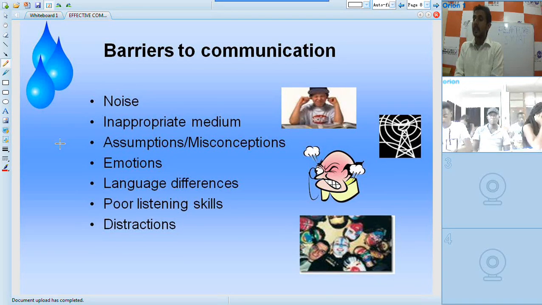Then proper listening skill. When someone is conveying or telling you something, careful listening is very important.